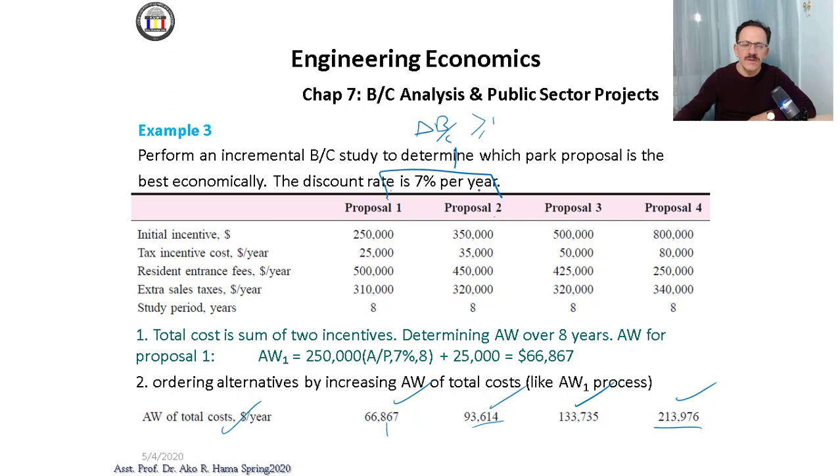If it was greater than 1, proposal 2 will win. If it was less than 1, then proposal 1 will survive, and then the turn will become for the winning one with the next proposal, and also the same for the last proposal 4.